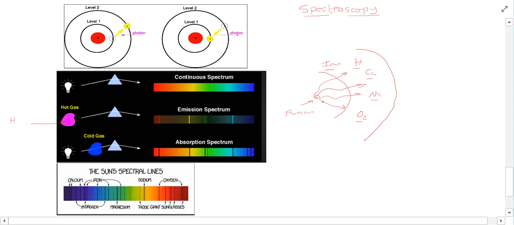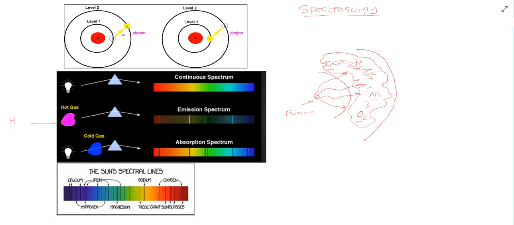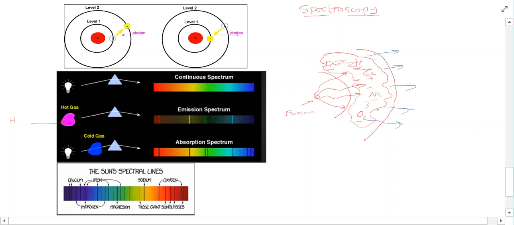These elements are in gas or plasma form within this atmosphere of the sun. The light has to pass through this gas, so a certain amount of wavelengths or photons of light escape out from the core of the sun.